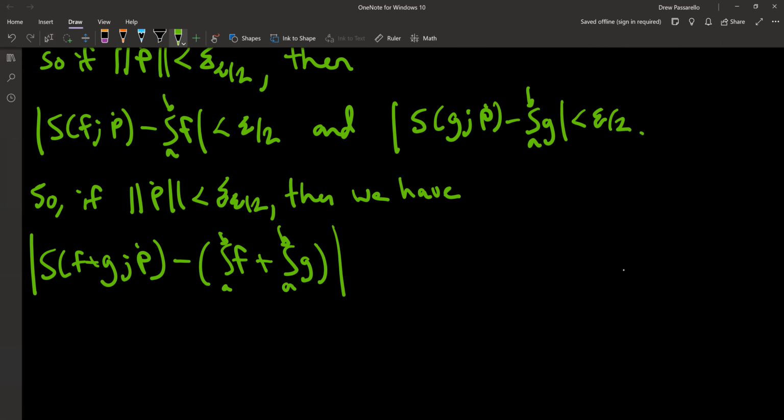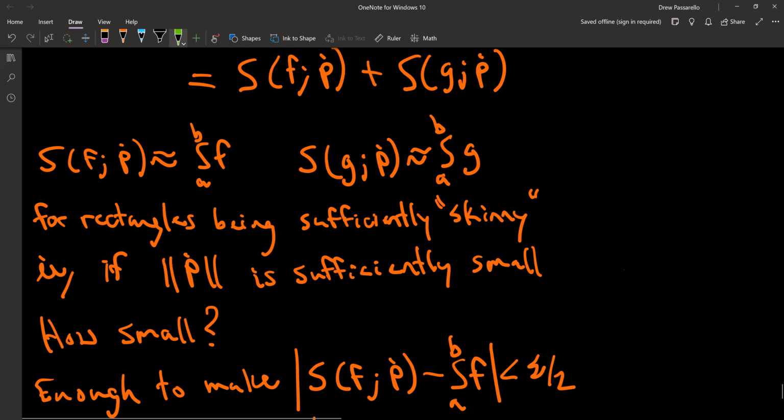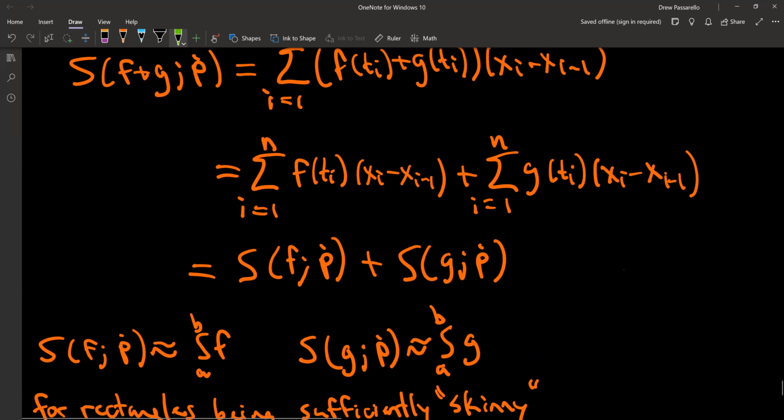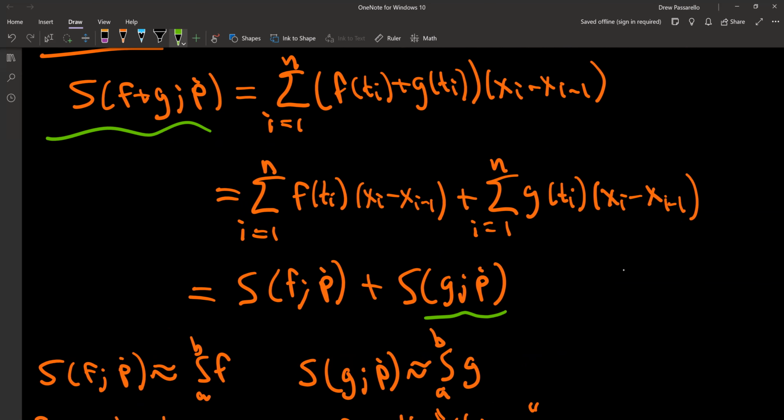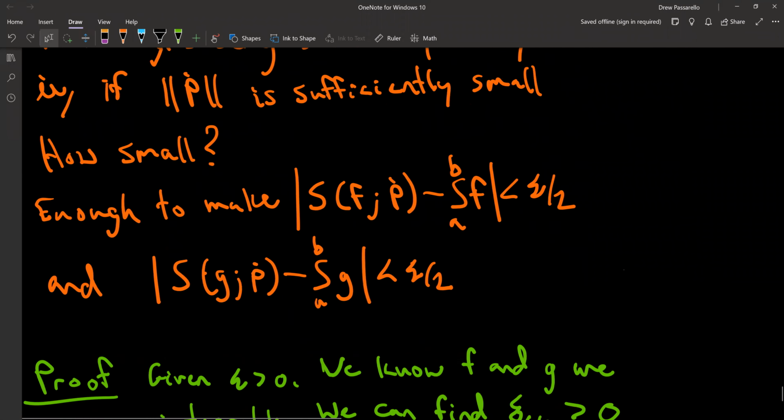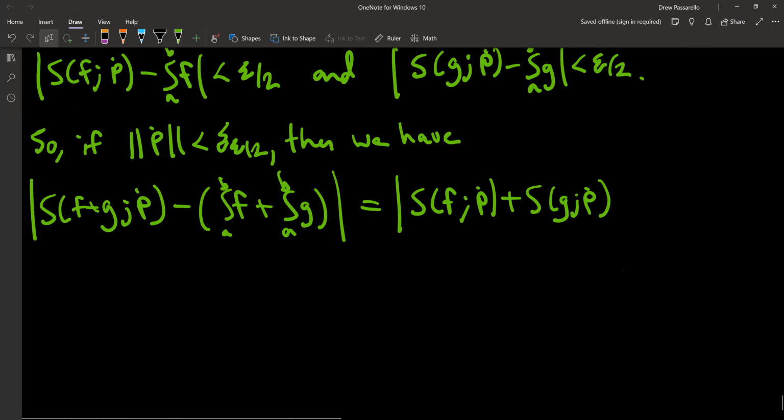Well, that's equal to the Riemann sum of f plus the Riemann sum of g, because that's what we did earlier in the sketch. We showed that this is equal to these two as a sum. And then distributing the minus, that would be minus the definite integral from a to b of f minus the definite integral from a to b of g.